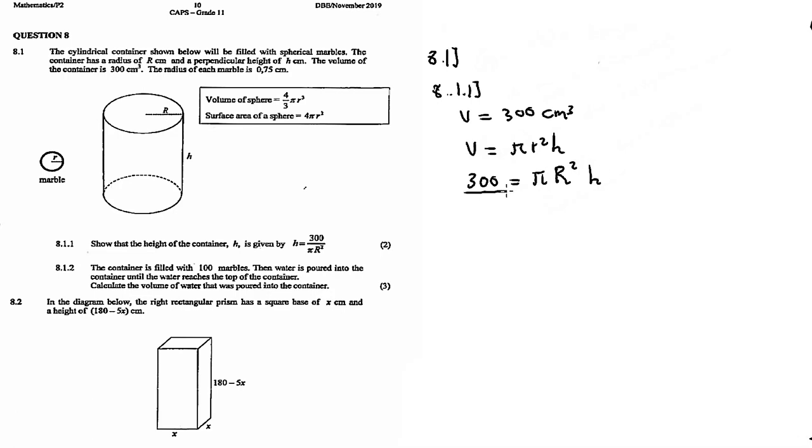Now I need to make h the subject of the formula, so you divide both sides by pi r squared. The pi r squared cancels on the right and you have 300 over pi r squared. So h is equal to 300 divided by pi r squared. So this is your answer.